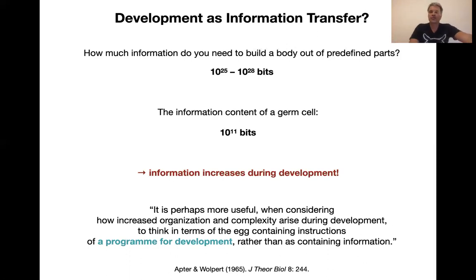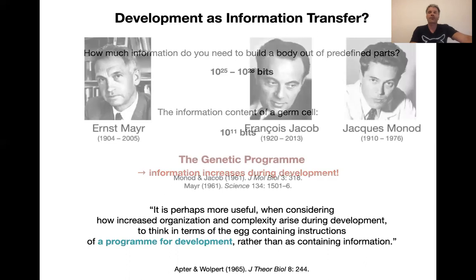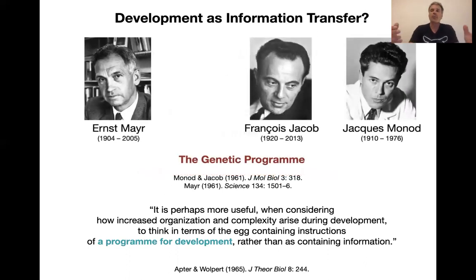Okay, so this idea of a developmental program was really a hot topic at the time, because it came out independently in 1961 in a publication by Ernst Mayr and a very influential paper by François Jacob and Jacques Monod, for completely different reasons. They inferred there must be some sort of computer program controlling development. And now, this idea was supposed to solve this problem.